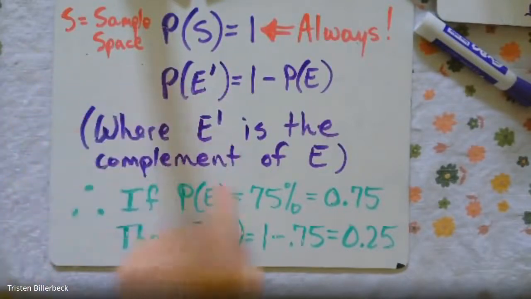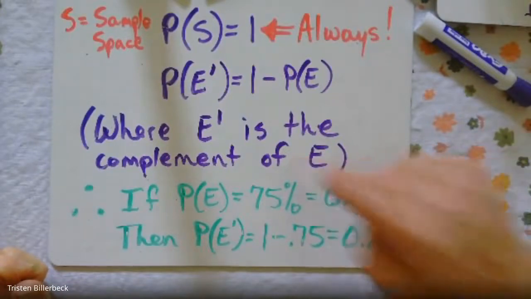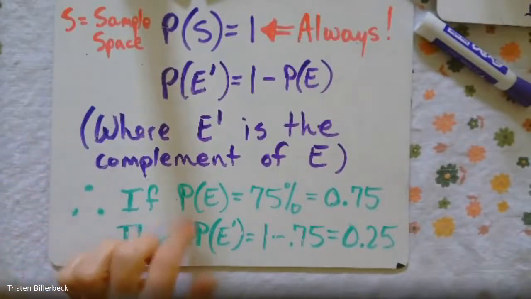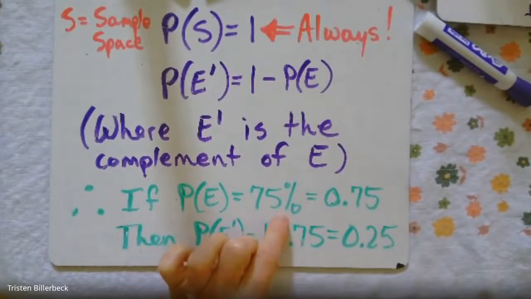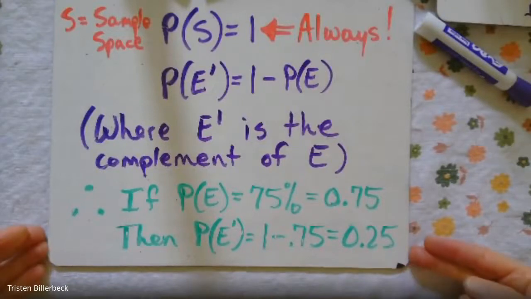So E complement is the outcomes not in the event E. So this means, therefore, if the probability of E is 75% or 0.75, then the probability of the complement of E would be 1 minus 0.75 or 0.25. So let's look at, well, how does this happen? Let's look at that.